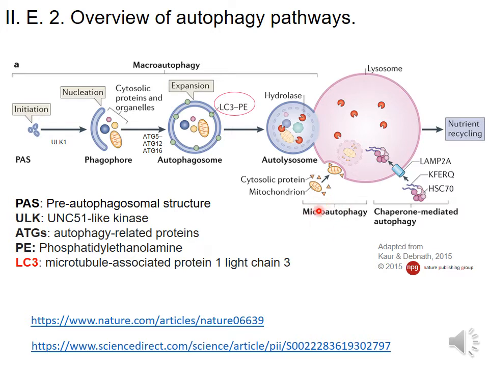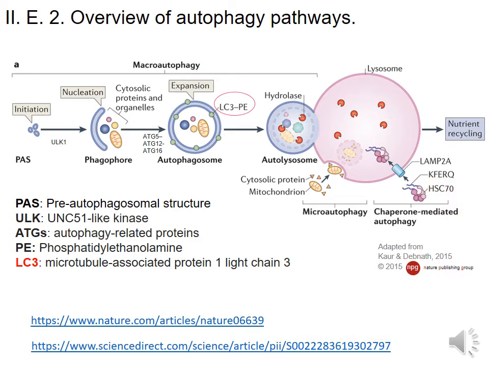In the microautophagy pathway, substrates are directly engulfed at the boundary of the lysosomal membrane. And in chaperone-mediated autophagy, substrates with specific pentameric motifs described here are selectively recognized by the heat shock cognate 70 kilodalton protein, or HSC70.